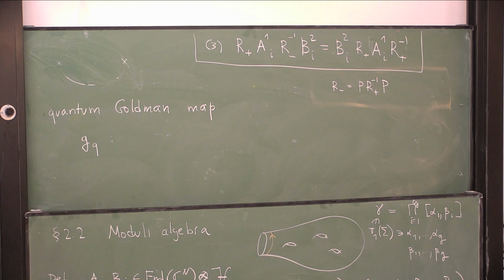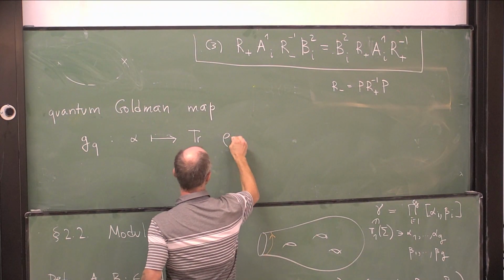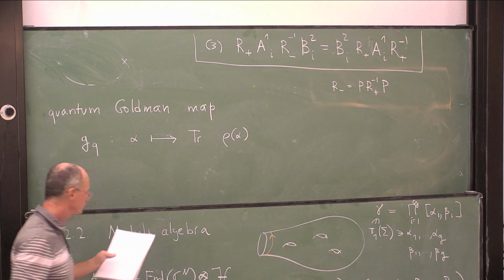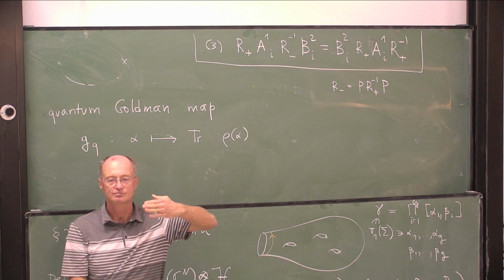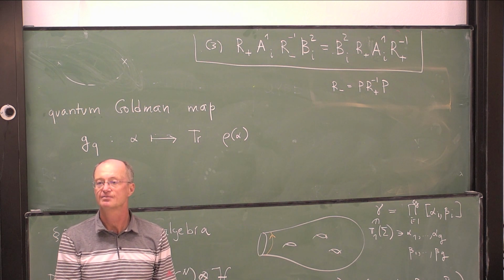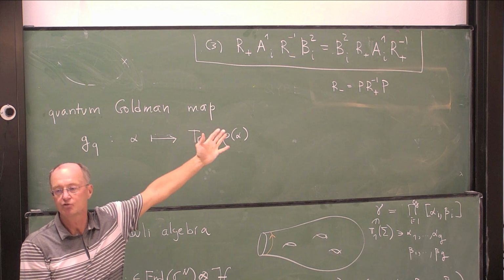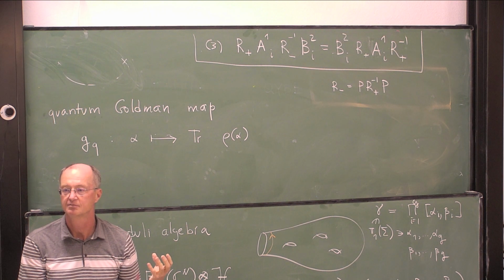Let me say how it's going to operate, but I don't yet say what the source of that map is. It would map a conjugacy class in pi_1 as before into the trace of rho of alpha. But remember, alpha will be some product. I can represent it as a word in my generators. Now my generators map into some matrices whose matrix entries are generators of my algebra.